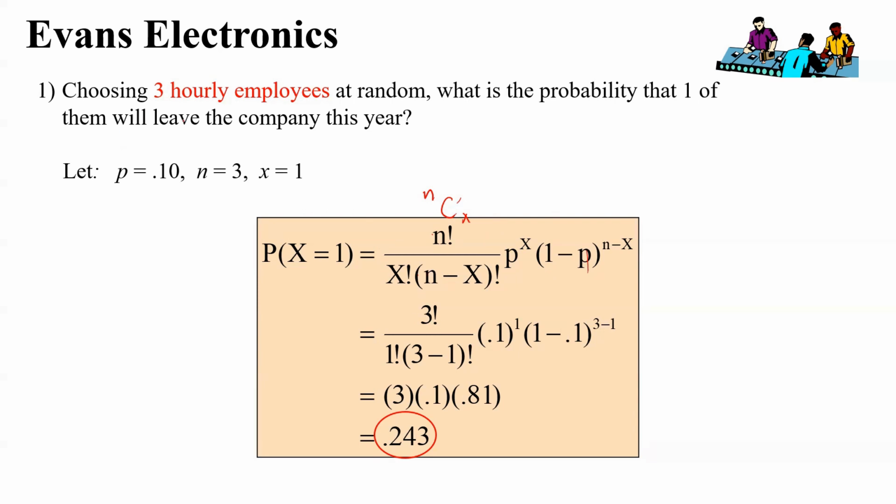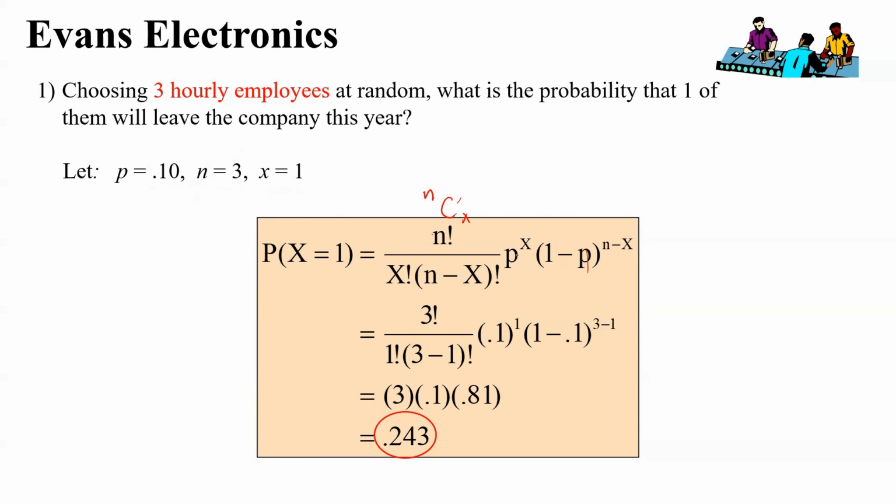So n is 3, so plug in 3 factorial over x, which is 1 factorial, and the number of employees is 3, so 3 minus 1 factorial.